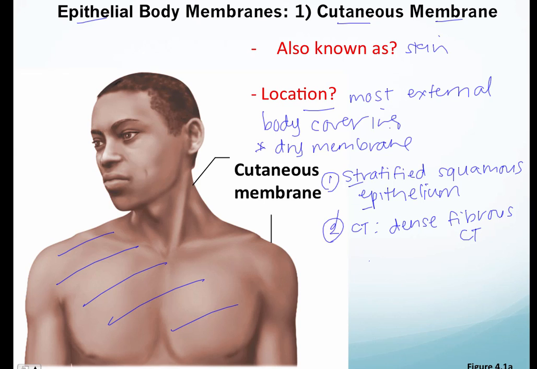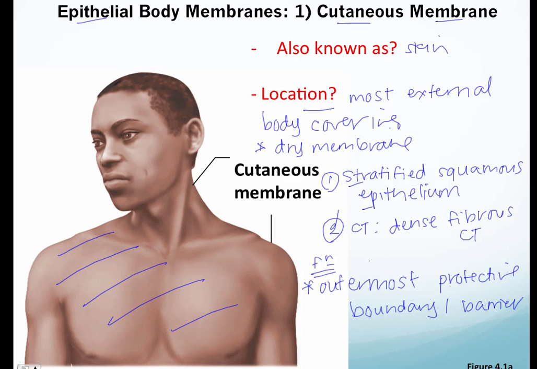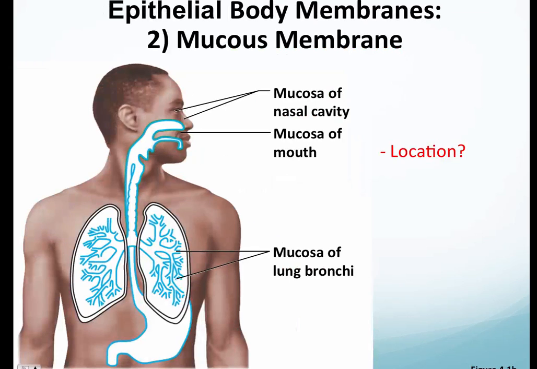Now, what is the function of this cutaneous membrane? So what is the function of your skin? Great, this is outermost. So function: outermost protective boundary or barrier of the body.